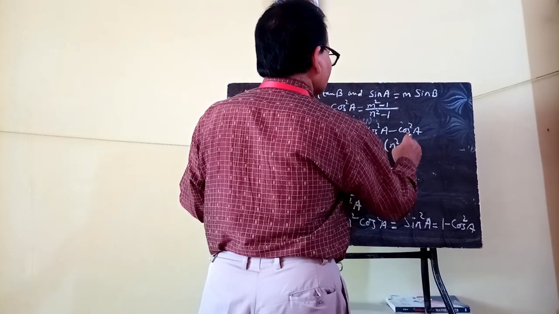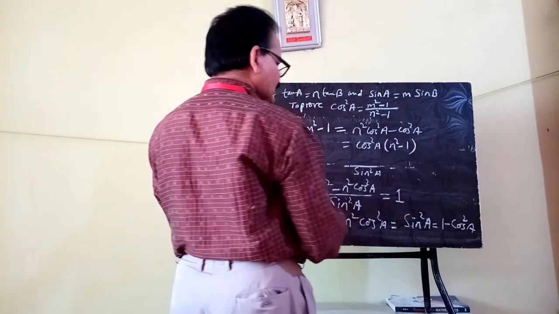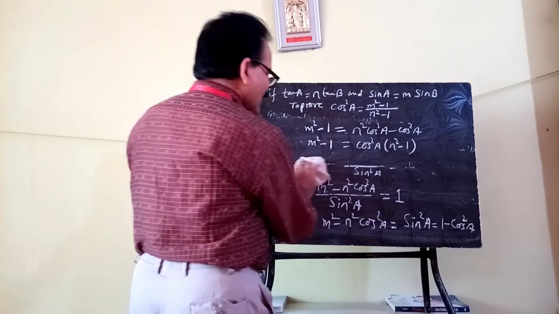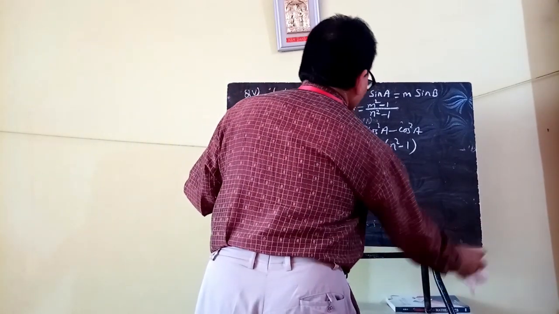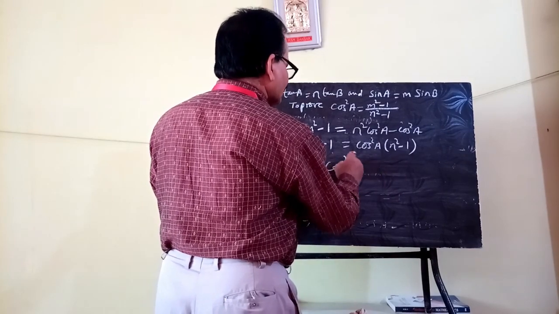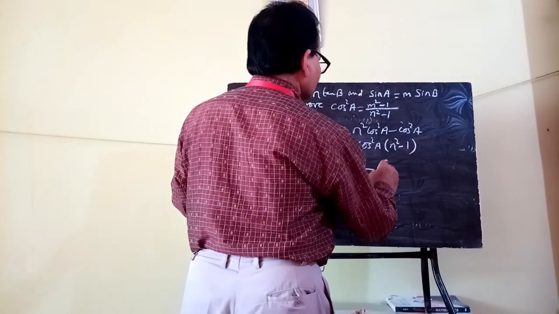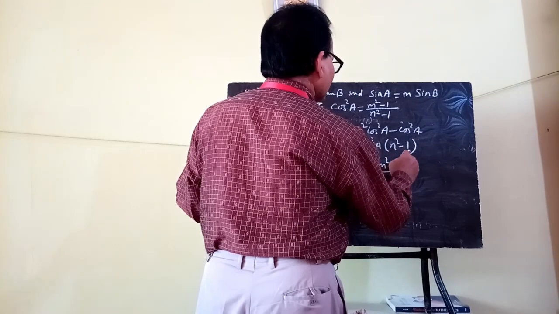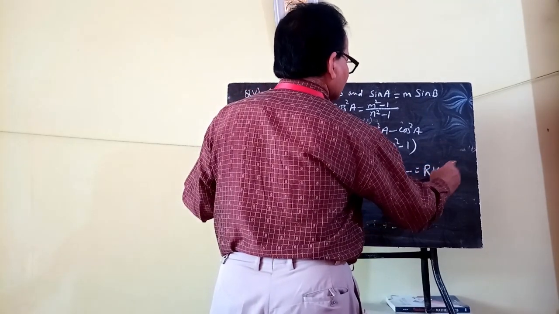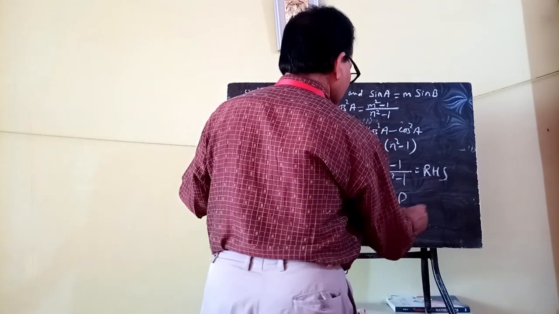This one is n square minus 1, and on the LHS it is m square minus 1. Our target is to find cos square A, so you take the subject as cos square A. Then this will be m square minus 1 by n square minus 1. That is your RHS, hence proved.